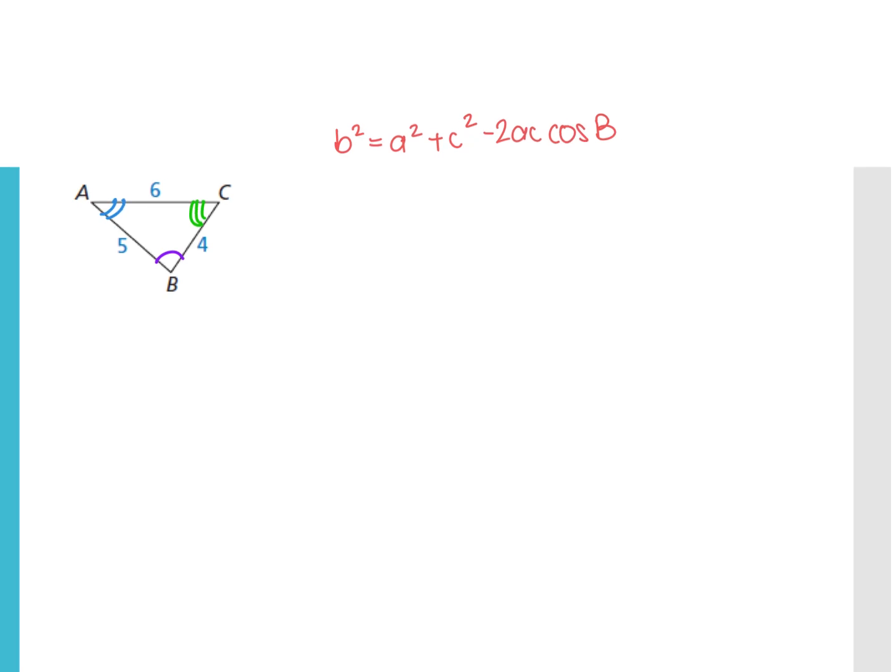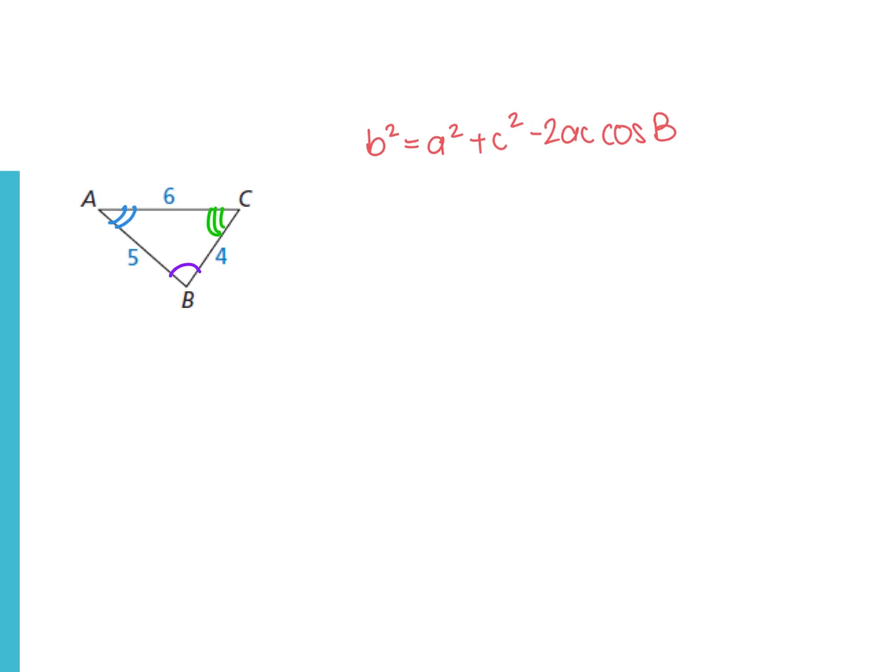Plugging in what I have, my side B, which is 6 squared, equals 4 squared plus 5 squared minus 2 times 4 times 5 cosine B. I'm trying to find my angle. Again, do not plug all of this into the calculator.